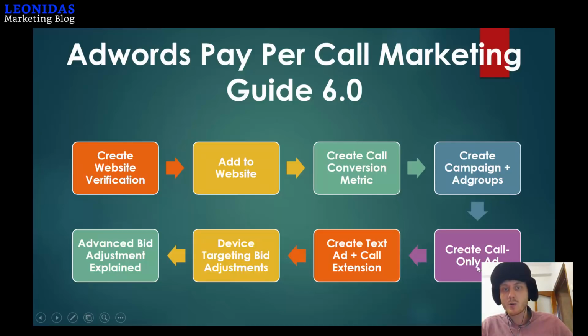And then from there, we created a call conversion metric. And after that, we created our text ads plus our call extension. And our call extension also had our call conversion metric. And then at the very end of it, we made sure that our ads only showed up on smartphone devices. Okay. And I also explained to you what the bid adjustments do nowadays.